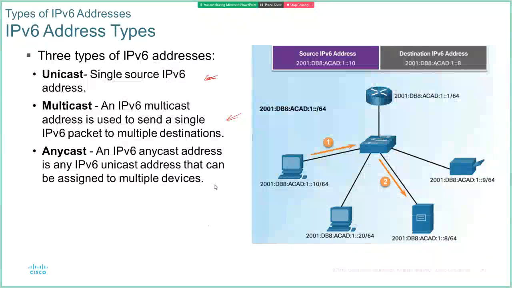So it's a cross between a broadcast and a multicast address. An anycast address is assigned to multiple devices and they all see it, whereas with multicast, all devices are subscribed to a certain address and listen for that address, just like in IPv4.